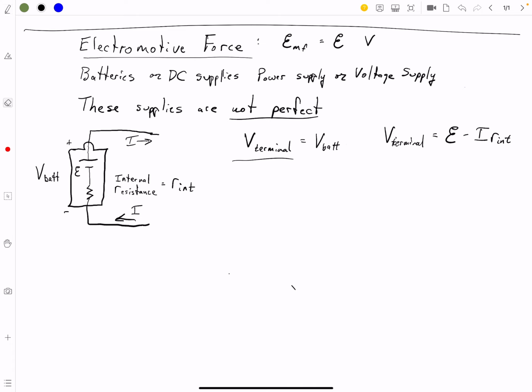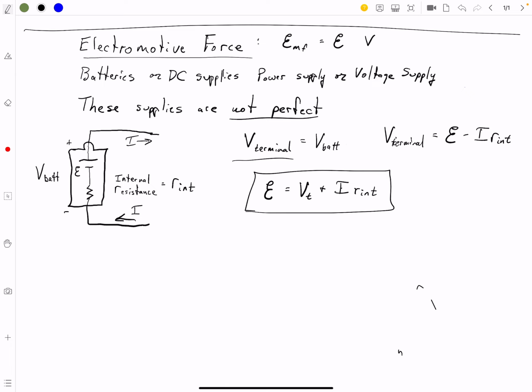Let's get rid of some of these. What does that leave us with? The thing that we're looking for, the electromotive force, is equal to our V terminal plus that. So this is our EMF.